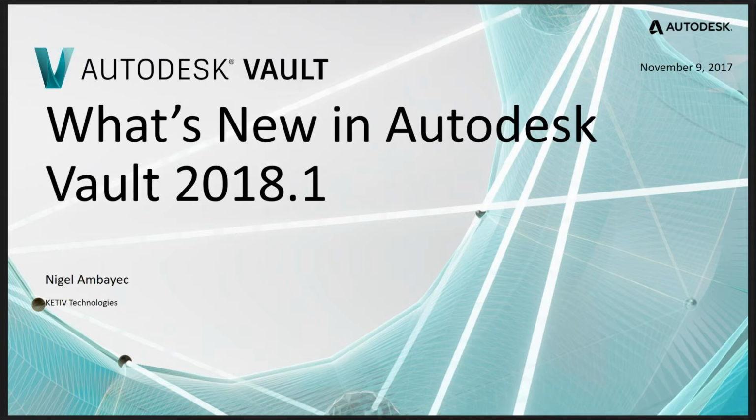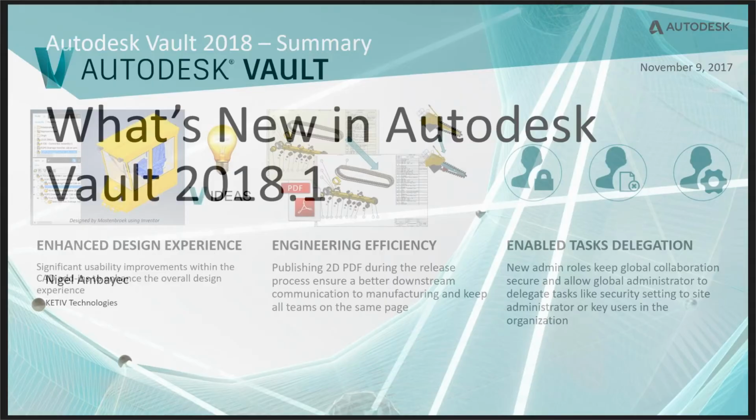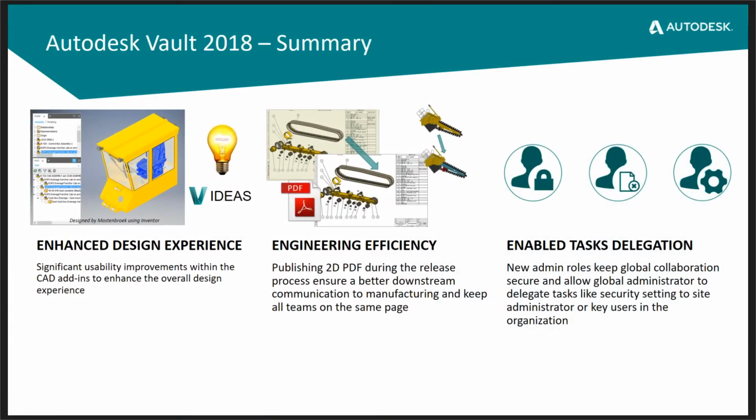Like I mentioned, what's new in Autodesk Vault 2018.1? Here's just a quick summary of the things that they've added in Autodesk Vault 2018. If maybe you're on 2016 or 2017, you haven't really looked at the 2018 stuff yet, so there are a couple of things that they included.